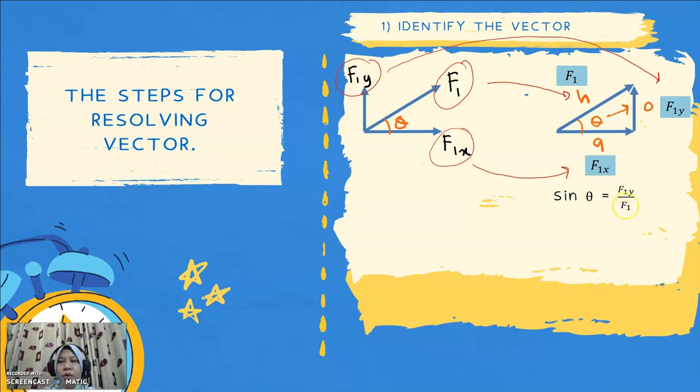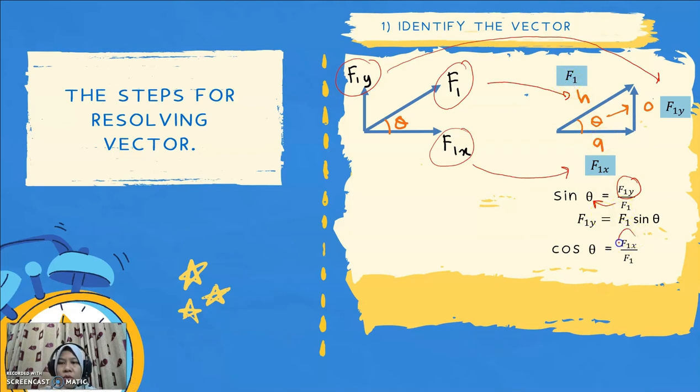So when we want to know F1y, F1y equals F1 sine theta. And cos theta equals adjacent over hypotenuse, which is F1x over hypotenuse F1.